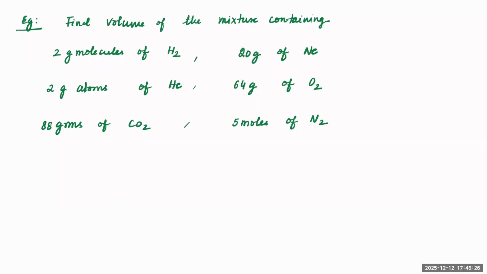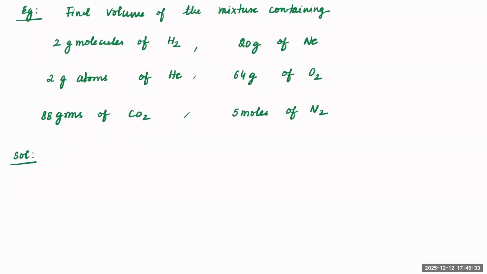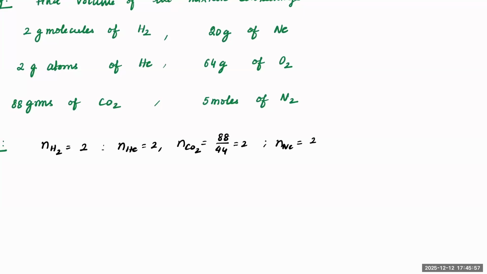So if you have the mixture of all of this, in such case, first you need to convert everything into number of moles first. Number of moles of hydrogen, how many we have? 2, correct? And number of moles of helium, also 2. Number of moles of carbon dioxide, which is 88 by 44, which is also 2. Number of moles of neon, 20 by 20, correct?